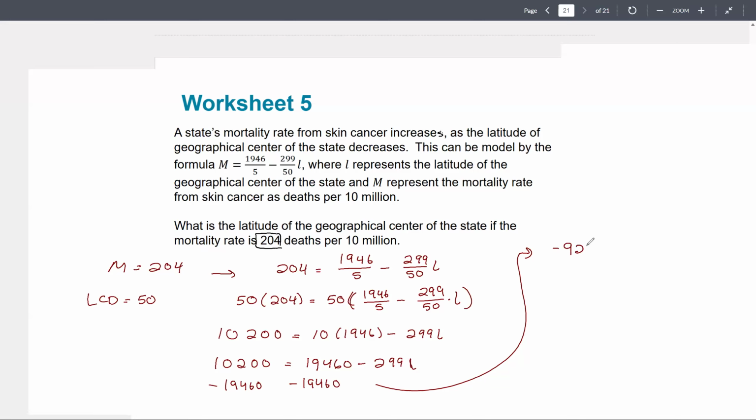We get negative 9,260 is equal to negative 299 L, meaning when we divide both sides by negative 299, if we do this division, that's going to be approximately 30.97 equals L. So if the mortality rate is 204 per 10 million, then the state's geographical center is going to be about 30.97 degrees latitude. And believe it or not, this is actually for the state of Texas.